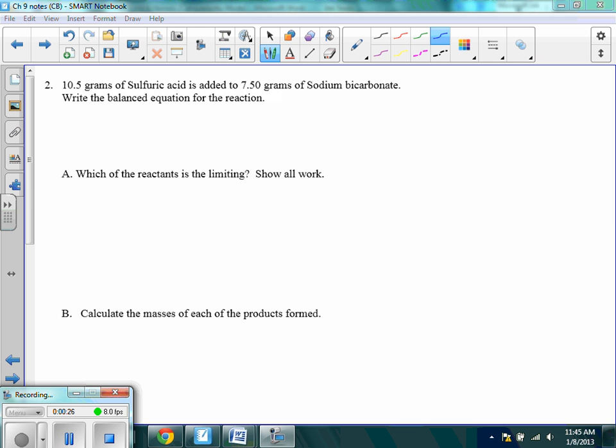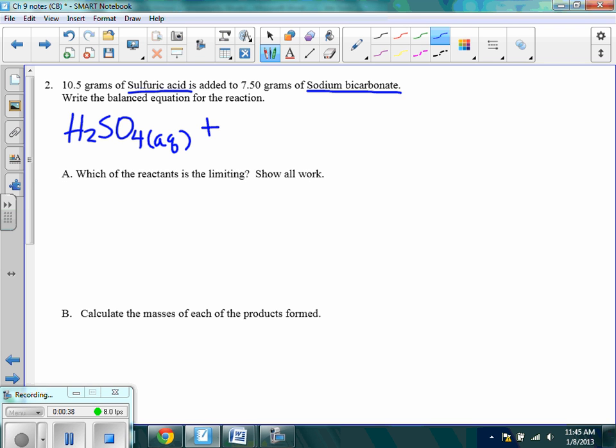So we are going to take grams of sulfuric acid, and it's going to be added to sodium bicarbonate. Sulfuric acid is H2SO4, and we know that all acids are aqueous. It is going to be added, so that means it's going to be reacted with sodium bicarbonate, NaHCO3. And because I have a carbonate and an acid, that should tell you that you're going to have 3 products.